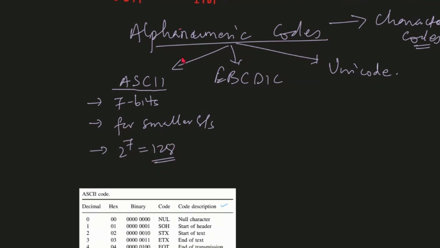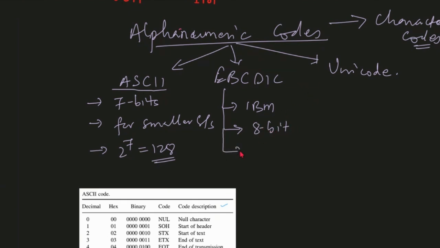To remove that, there is a new code, that is EBCDIC. This EBCDIC was created by IBM for their own systems, and it has higher capabilities than ASCII. It uses 8 bits to represent each character.